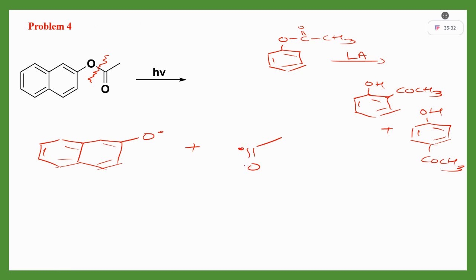So here an acyl radical will form. Now you have to figure out from where you can cleave that bond and you just join. So obviously this condition is the only option left to it, and in this condition we will get this.